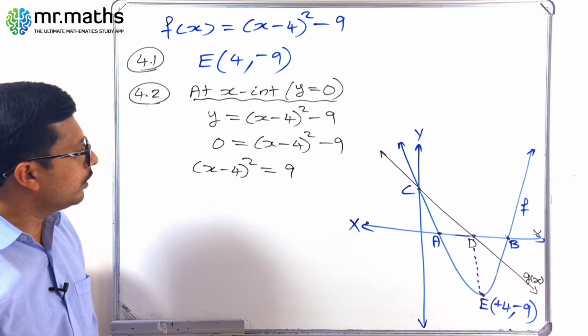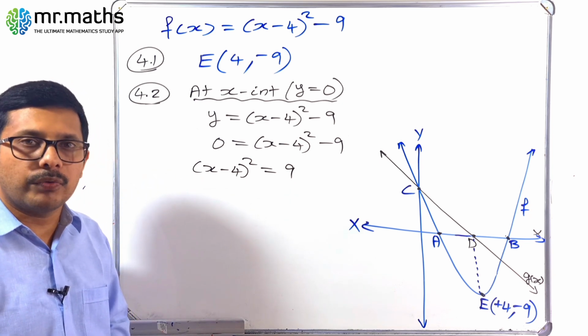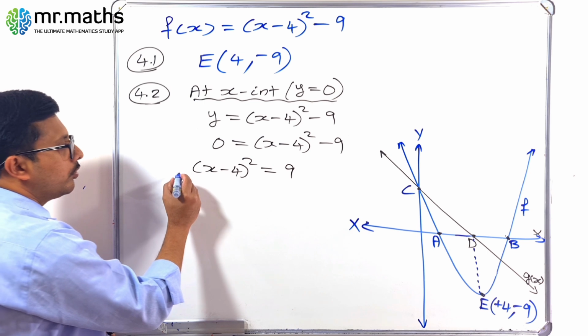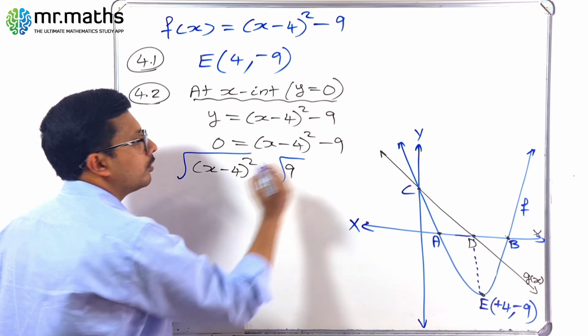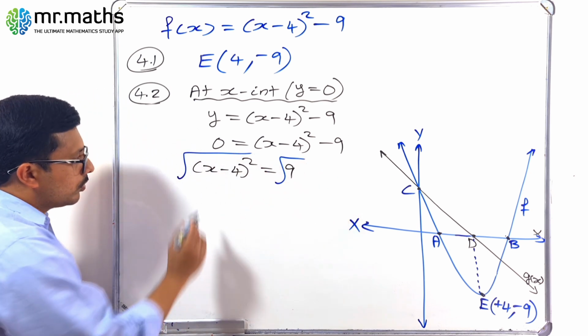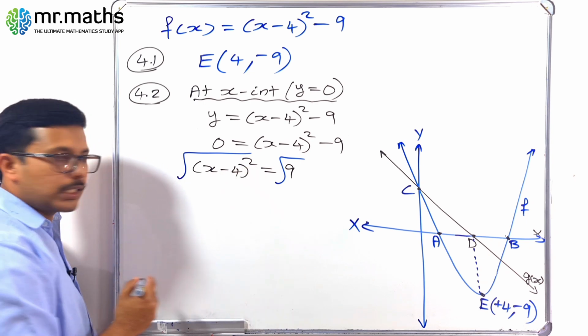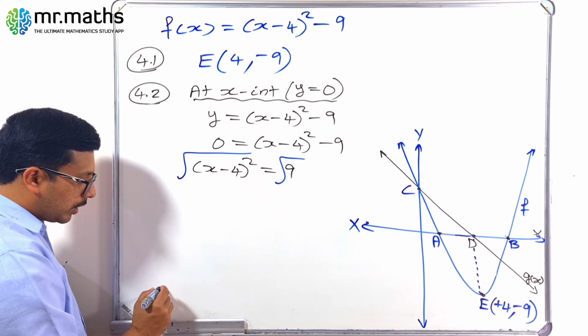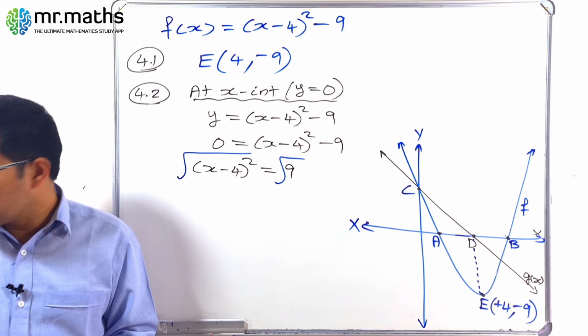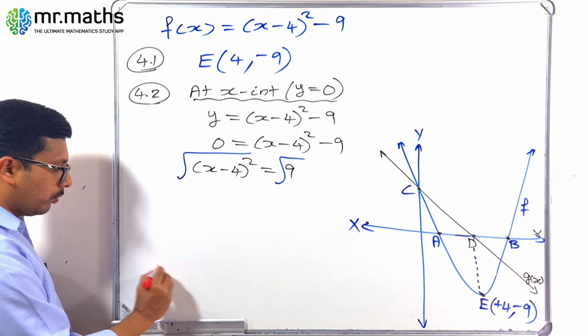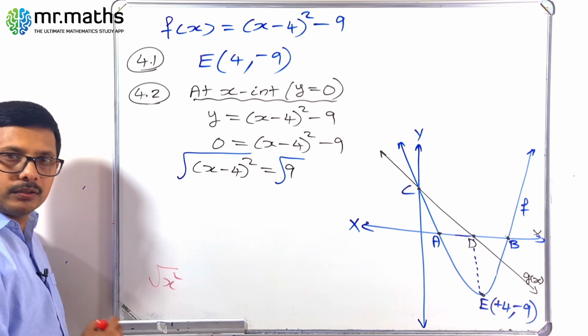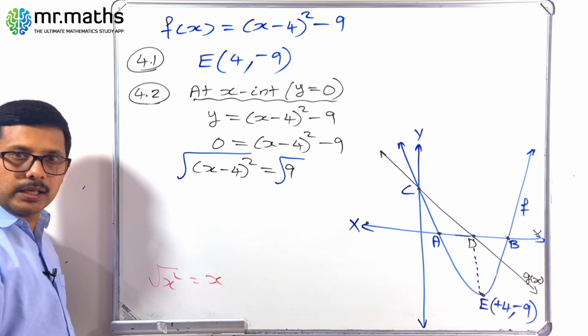So from here, how can you find the value of x or values of x? You have to take the square root on both sides. So square root of x minus 4 the whole square. What is that one? In small classes you studied the square root of a square. What is the answer? That is x.